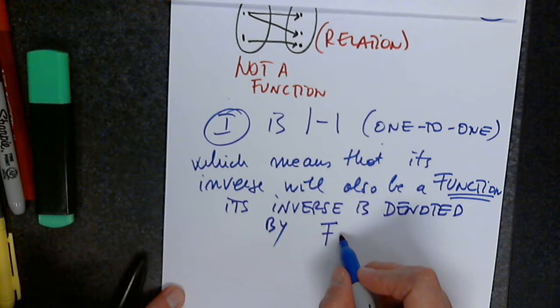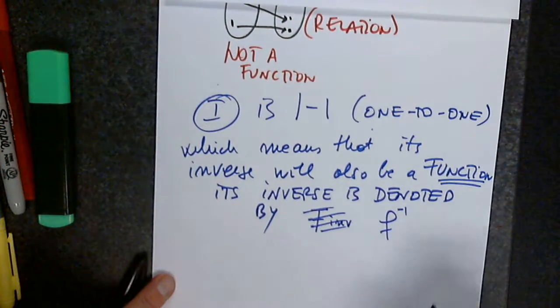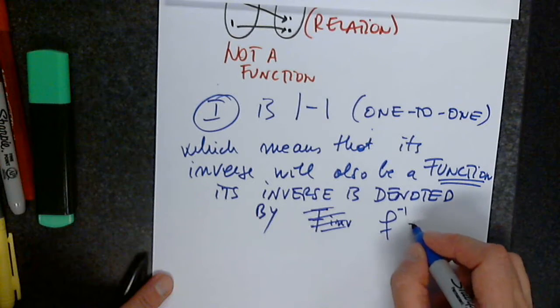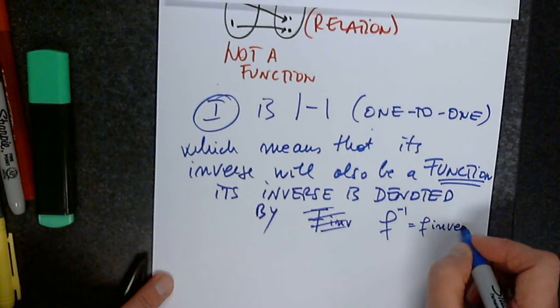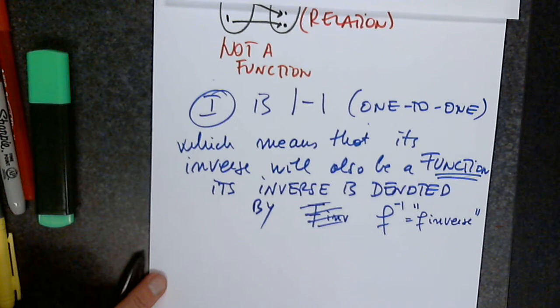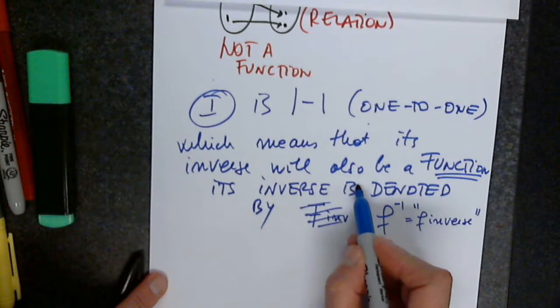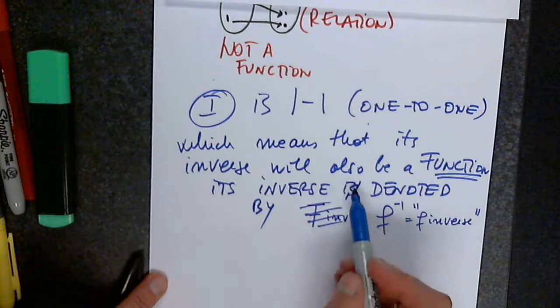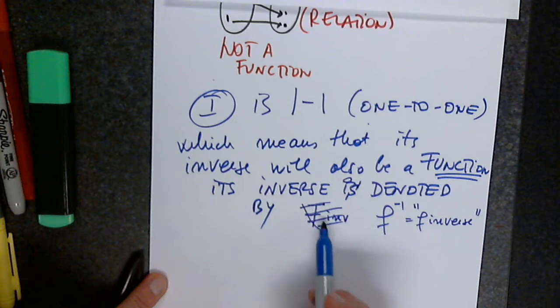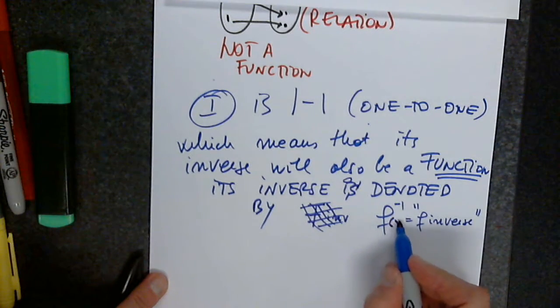f inverse. I don't want to write it like this, I don't want to confuse you. F to the -1, but we don't read it f to the -1. It's f inverse. Its inverse is, sorry about that, denoted by f to the power -1 of x.